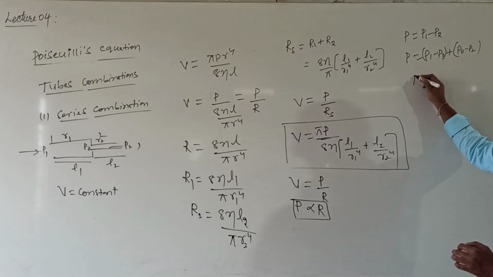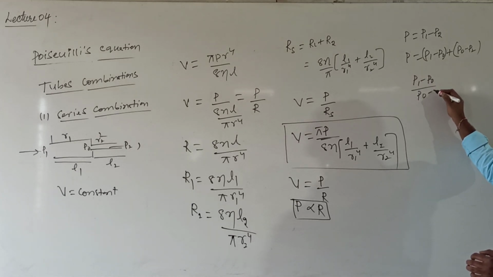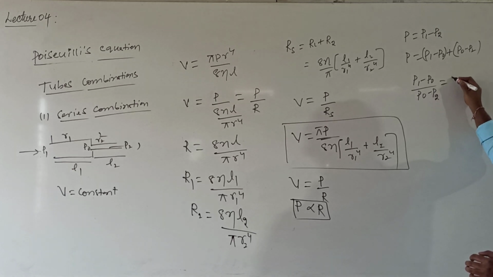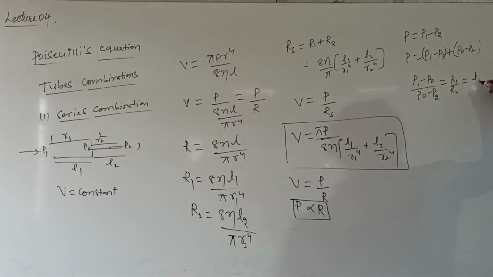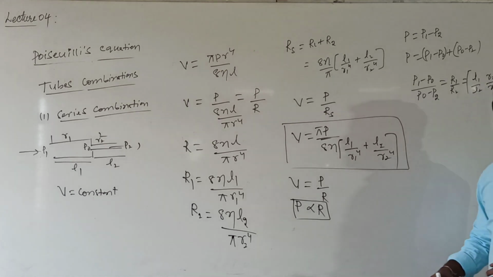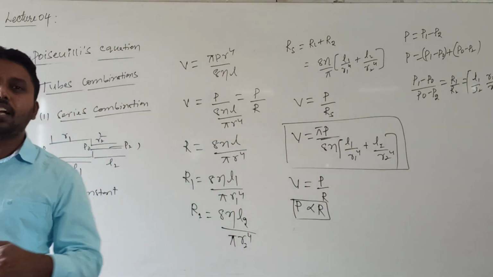So I can write (P1 minus P0) divided by (P0 minus P2) equals R1 divided by R2, which is L1 by L2 into (R2 by R1) whole power 4, or R2 power 4 divided by R1 power 4. That is the ratio of pressure difference across the first tube and the second tube.